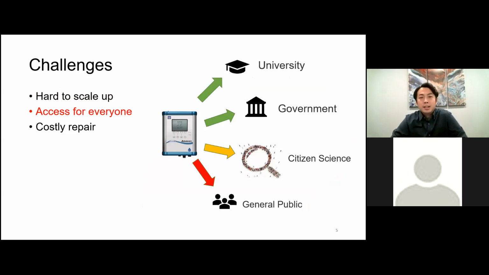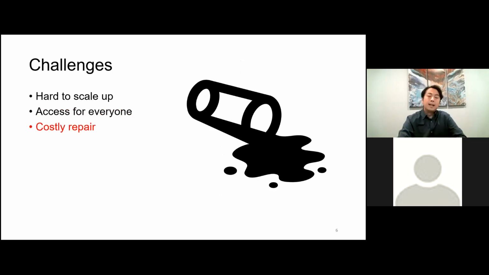The second challenge is that the high price creates a barrier for everyone to get access to these, especially for citizen science groups or the general public. It's really hard to purchase $4,000 sensors to measure water level. The third challenge is that they are very costly to repair. If you break one of these, it will cost you a lot of money to replace or repair them.